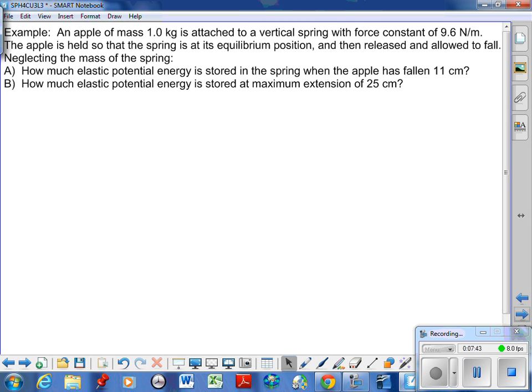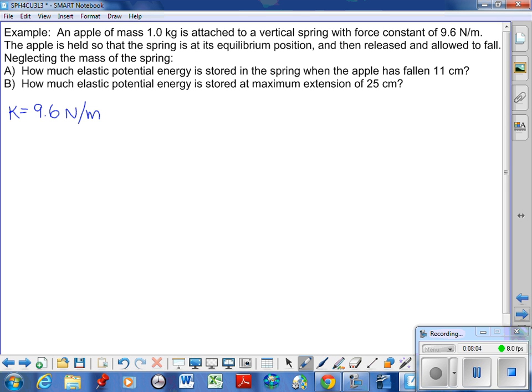So an example: an apple of mass 1 kilogram is attached to a vertical spring with a force constant 9.6 newtons per meter. So spring constant or force constant, that is your K value as soon as you see that. All right. The apple is held so the spring is in equilibrium.